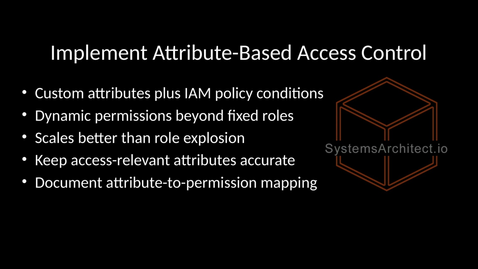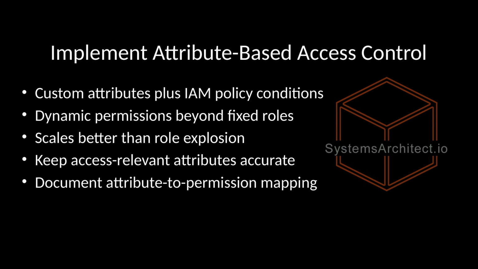6. Implement attribute-based access control. Role-based access control works well until your permission requirements get more nuanced than a handful of fixed roles can express. And that's where ABAC, attribute-based access control, comes in. Cognito lets you attach custom attributes like department, region, or subscription tier and combine them with AWS IAM policy conditions.